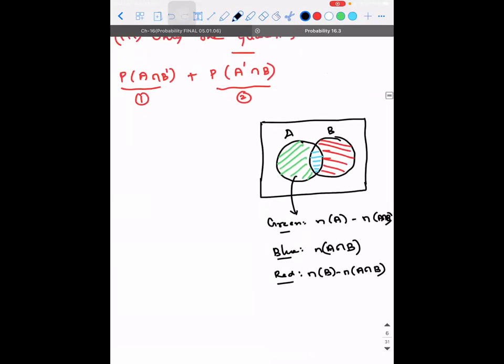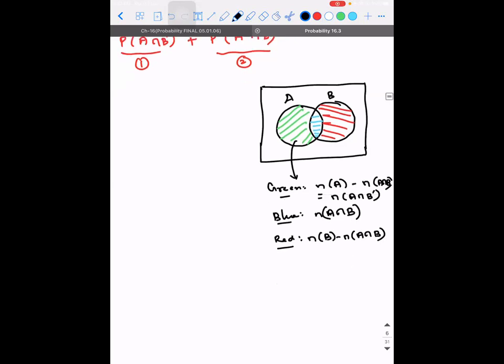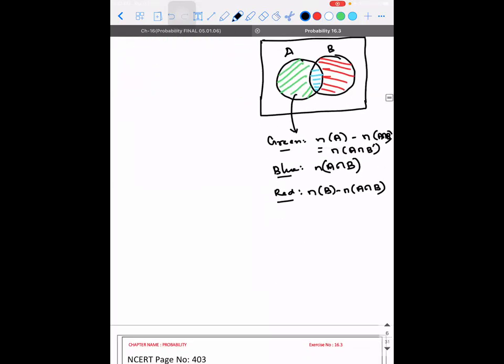Okay. So the number of elements in A minus number of elements in A intersection B, can I call it as the number of elements in A and not B? Means they are the specific set of elements which belong only to A. So green is going to be the elements which belong to A. Similarly, n of B minus n of A intersection B will be written as what?